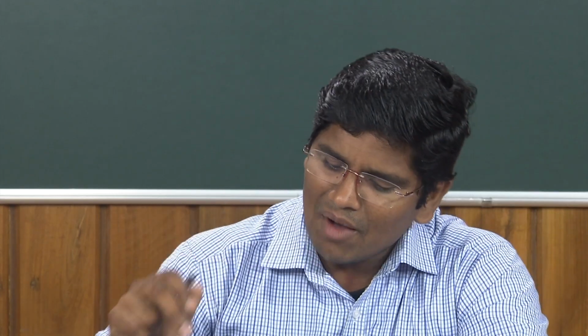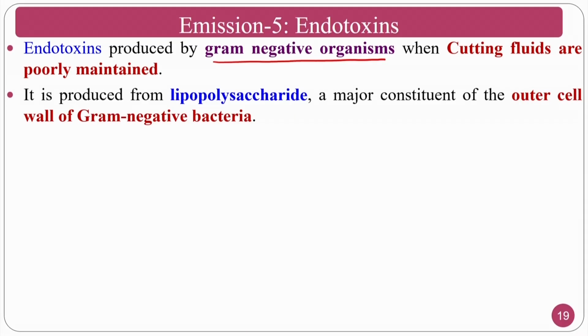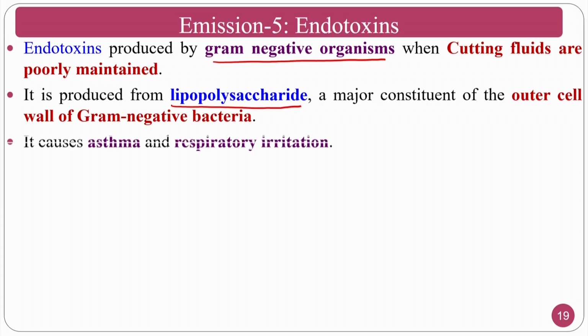If you are not replacing or changing the cutting fluid, these gram negative organisms like bacteria and fungus will grow. It is produced from lipopolysaccharide, a major constituent of the outer cell wall of gram negative bacteria, and this causes asthma and respiratory irritation.